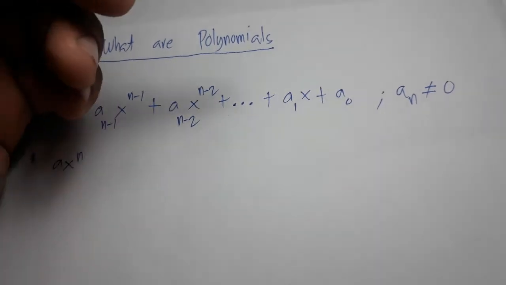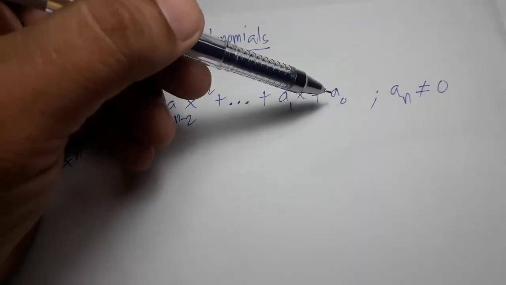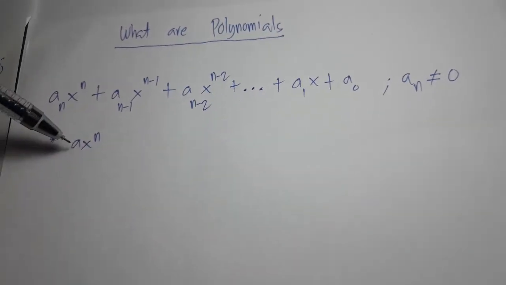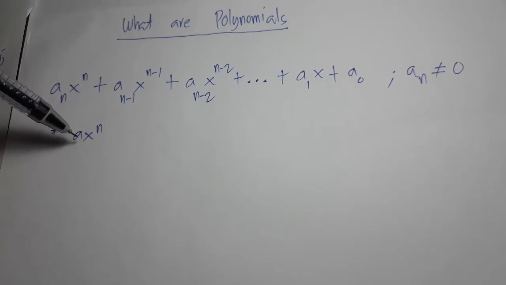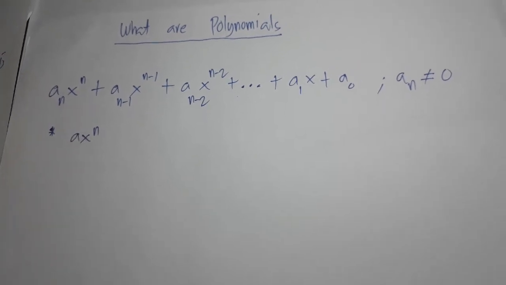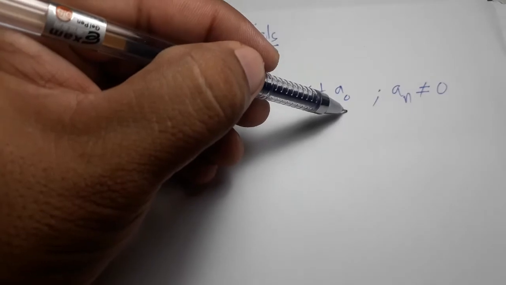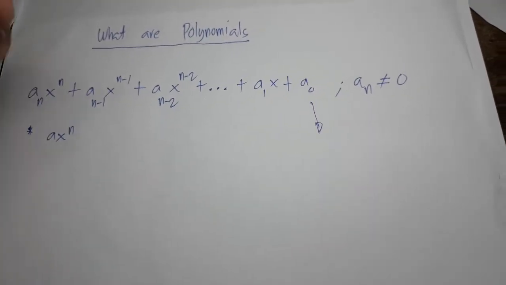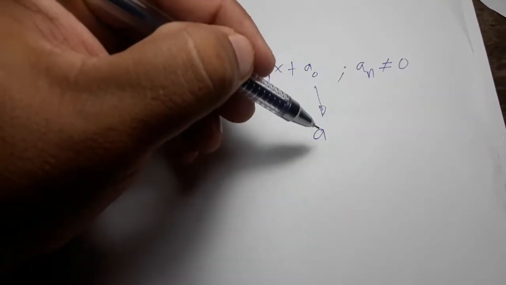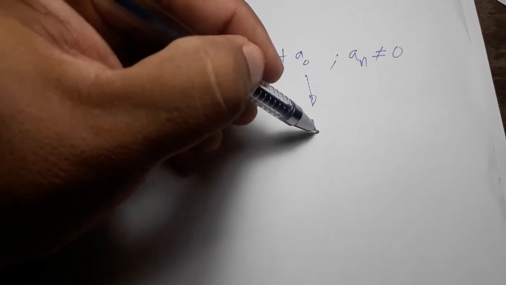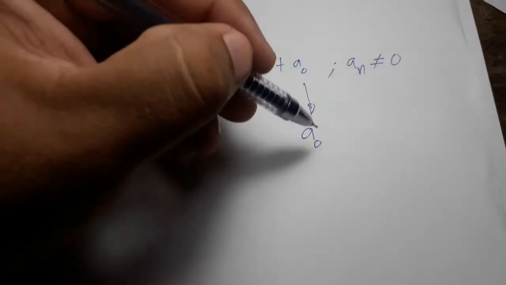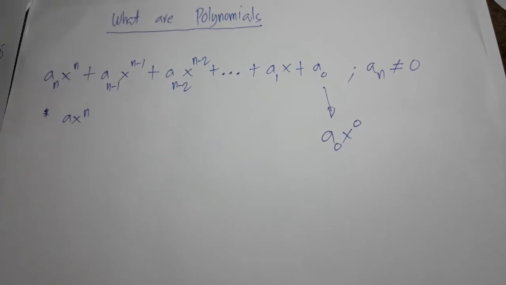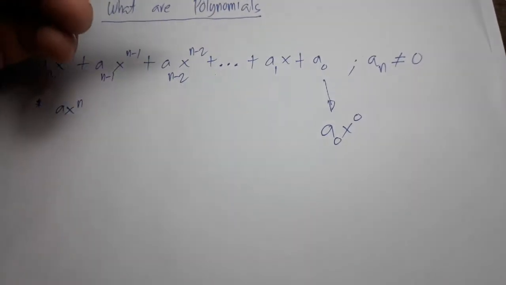You might wonder, why is a subscript 0 not of the form a times x to the power of n? Don't you know that this last term can also be expressed as a subscript 0 times x to the power of 0? Do you follow?